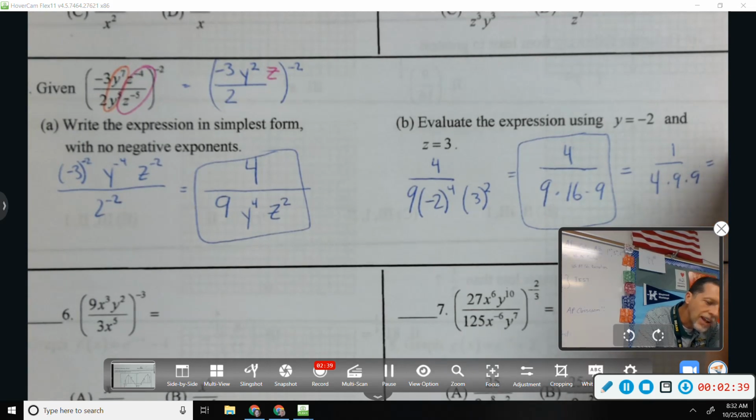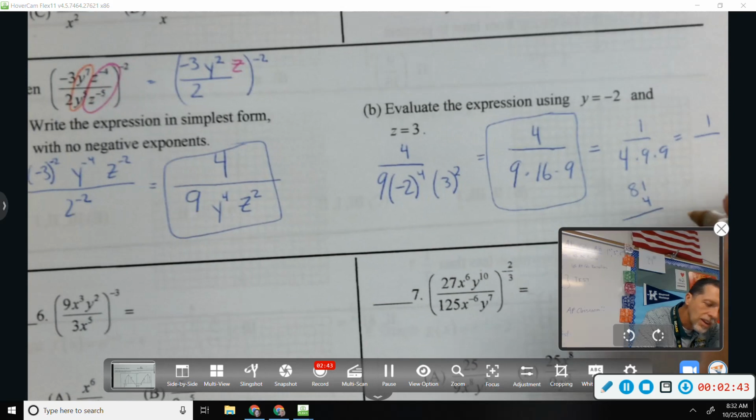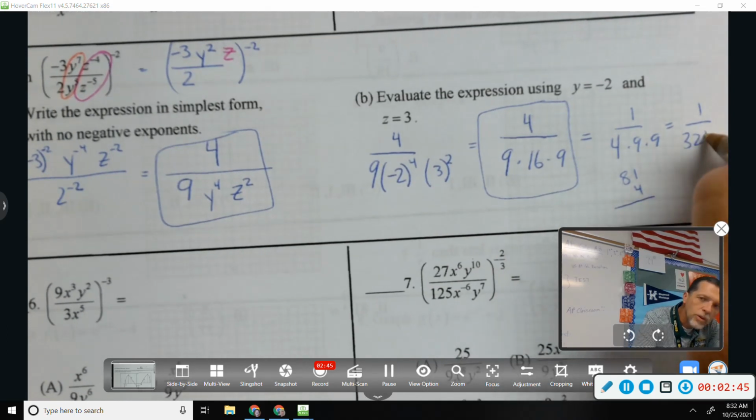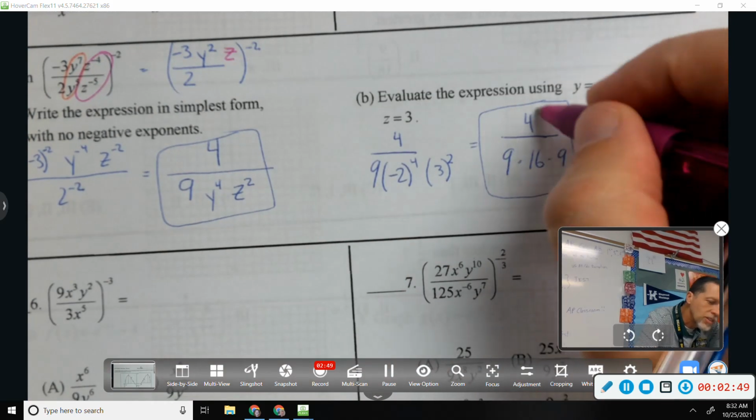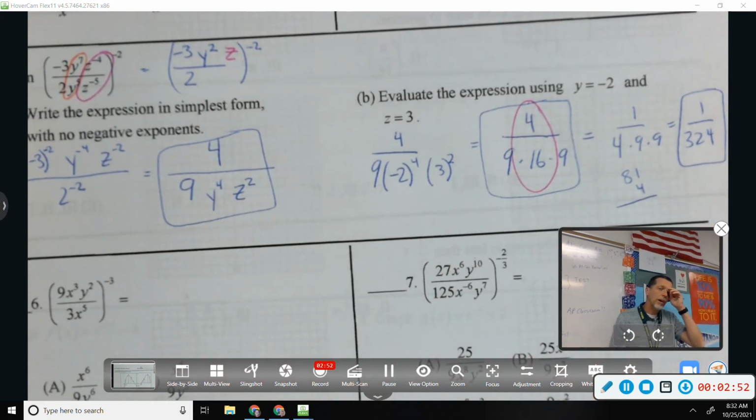And then, that's not bad. 81 times 4, I can handle. 324. So that wasn't too bad because of the 4 and the 16. My brain was in calculus mode where you get to leave stuff like that next year.